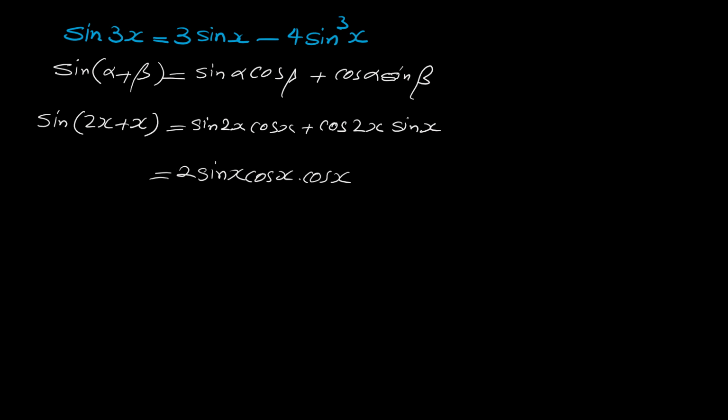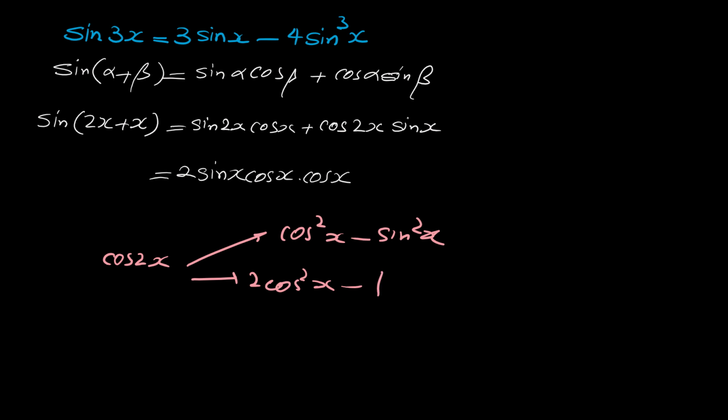From double angle identities, for cosine of 2x we have different formulas: cosine squared minus sine squared, 2 cosine squared minus 1, and 1 minus 2 sine squared. But which one is better to be used here?